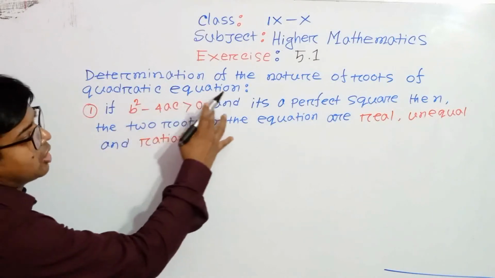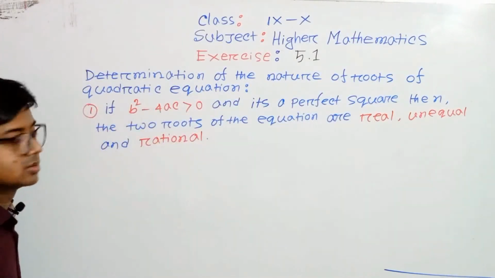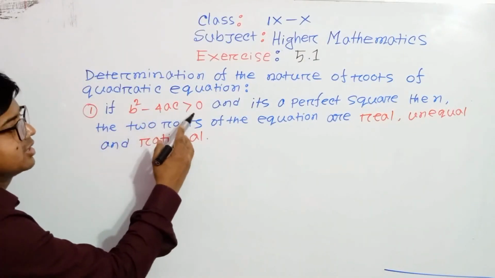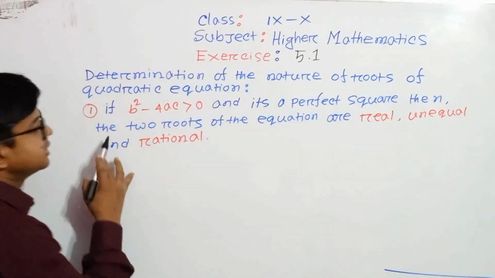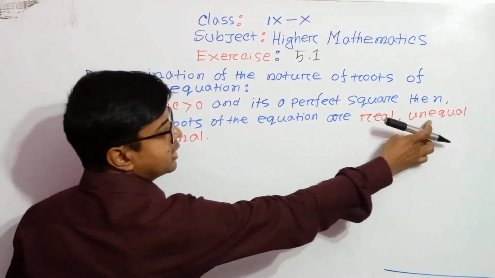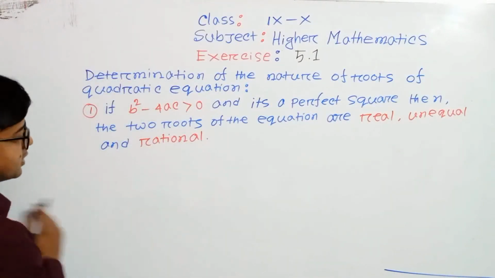Now, determination of the nature of roots of a quadratic equation. Number 1: if b squared minus 4ac is greater than 0 and it's a perfect square, then the two roots of the equation are real, unequal and rational. Look at this.